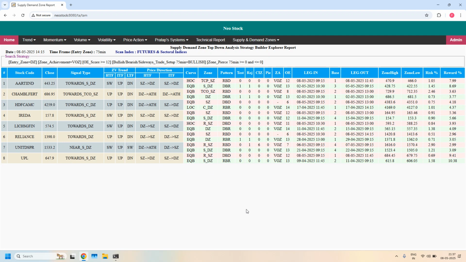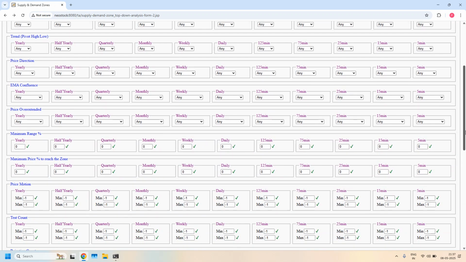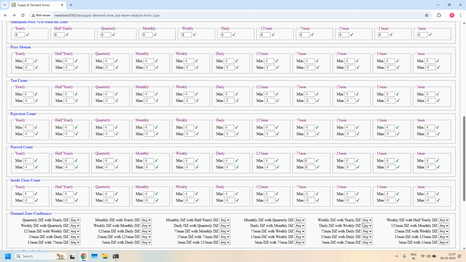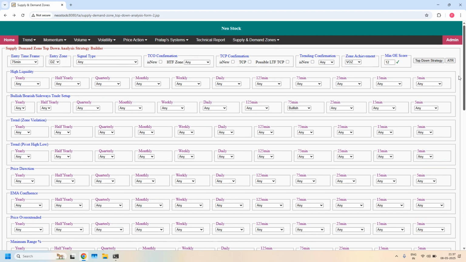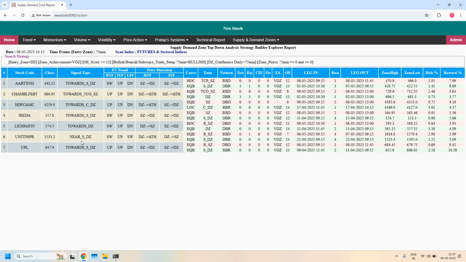Let us identify high probability trade setup demand zones based on the zone confluence. First filter is 75 minutes and daily demand zone confluence. So with this filter, out of 8 stocks, we got 7 stocks. In all the 7 stocks, these 75 minutes demand zones are overlapped with daily demand zone.